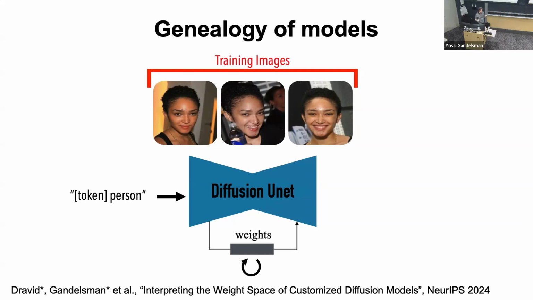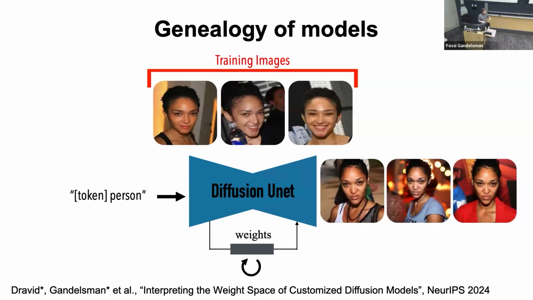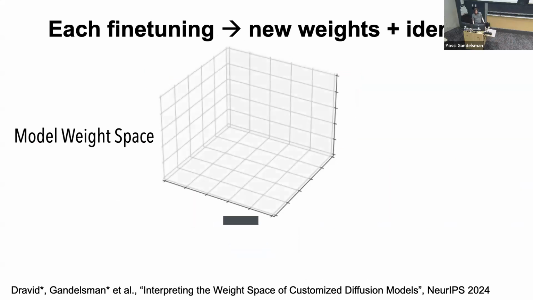And now, apparently, when I sample from this fine-tuned model, I can say, generate the token person with a red shirt. Generate the token person with a blue shirt. And it will work very well. You will be able to introduce a new person, a new identity into your model. Now, you can do it many times.